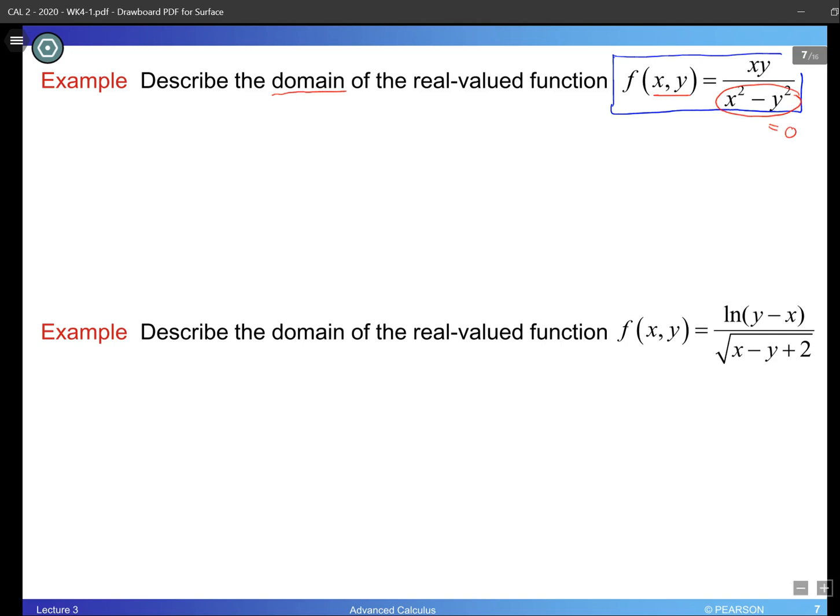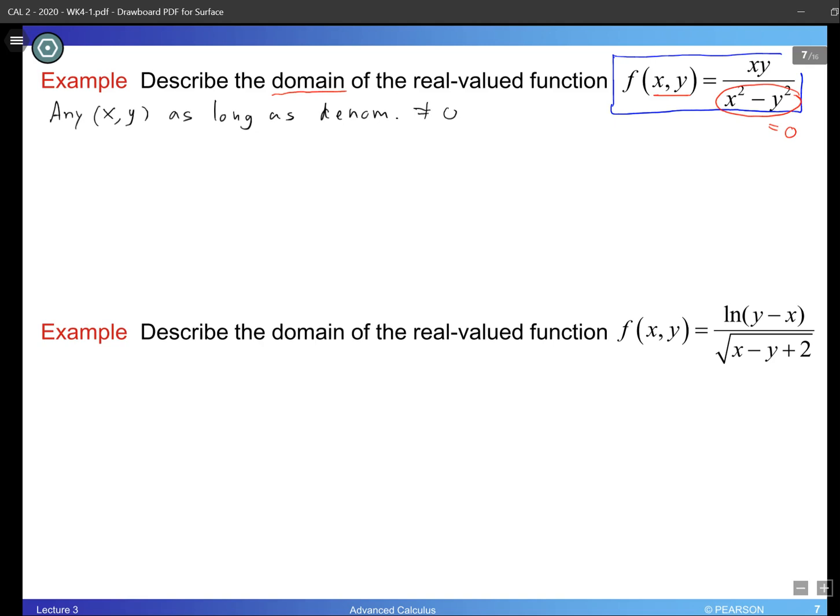Alright, so let's translate that into a sentence. We want any x and y, as long as the denominator is not equal to 0.